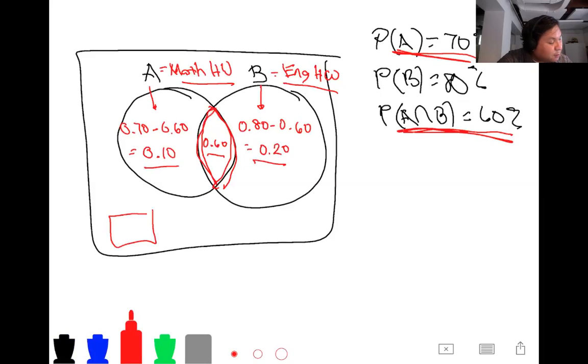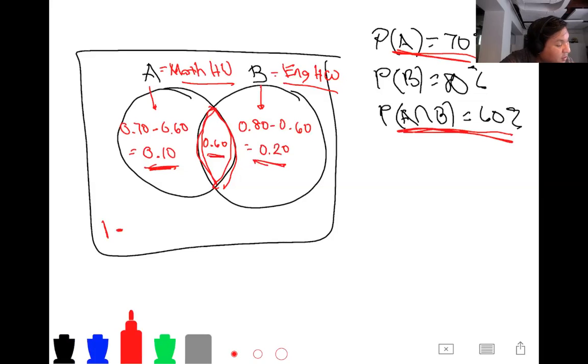So take note, to be able to solve this one, I think that's too small of a space, so I'm just going to remove that. To determine that, remember, the sum of all probabilities in a particular scenario is 1. So if we subtract these probabilities, we end up with the probability of him doing neither of the two homeworks.